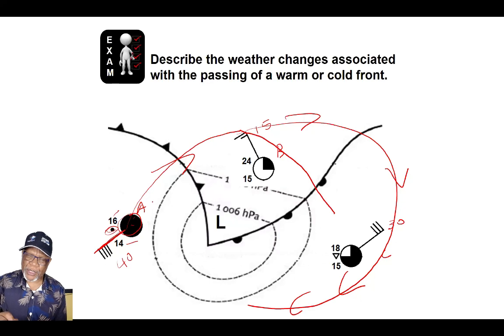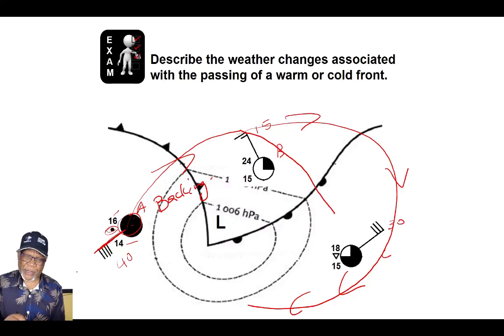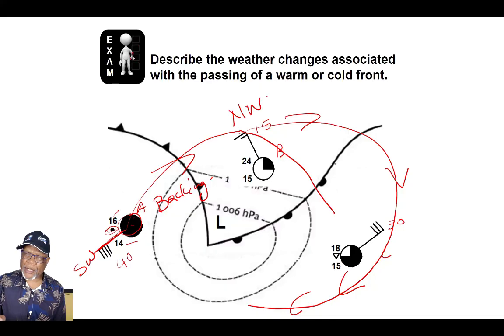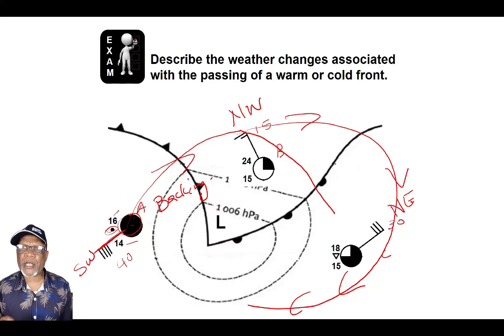We call this process backing. When the winds were coming from this direction, then the winds came from this direction, then the winds came from that direction. So the process that you see happening here is called backing. It is the change in wind direction in the southern hemisphere.